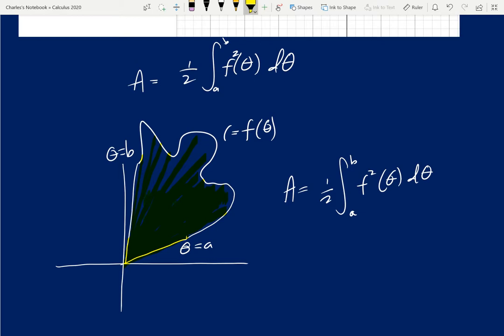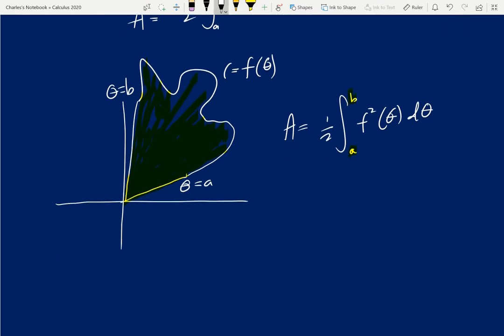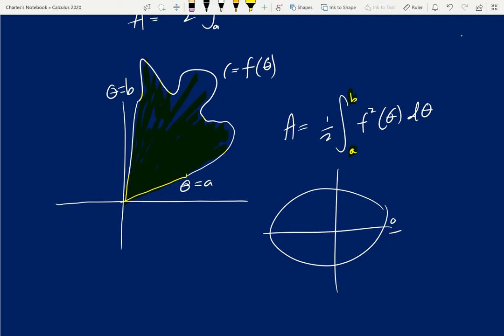What you do have to be careful with is to make sure that your A is an angle that's less than your B, because we have this unit circle, where if I go around in a circle, we think of this as 0 and this as 2 pi. Let's say I wanted the area from here to here, and this is 7 pi over 4.